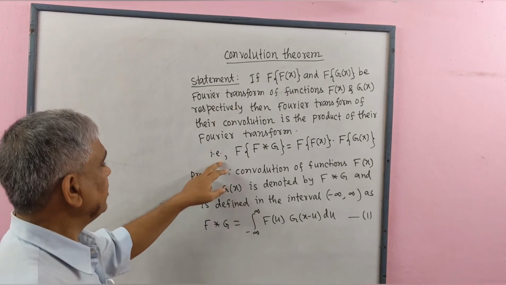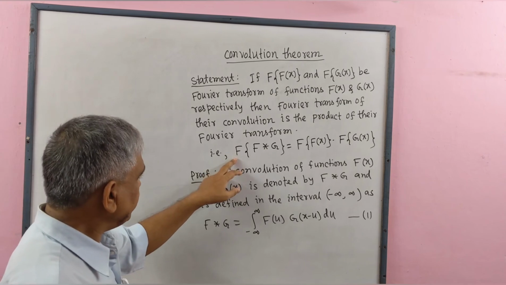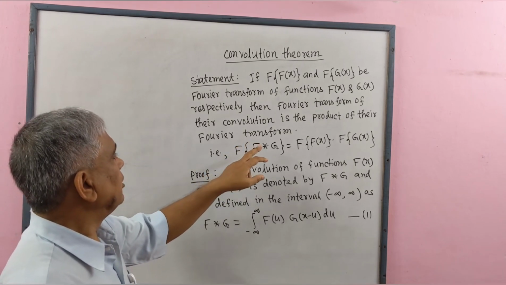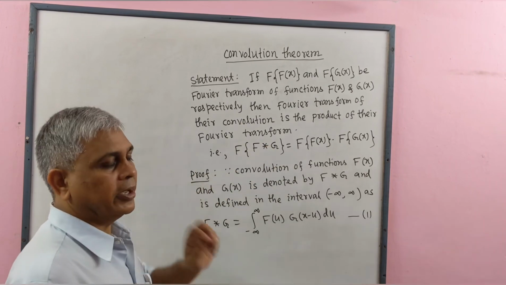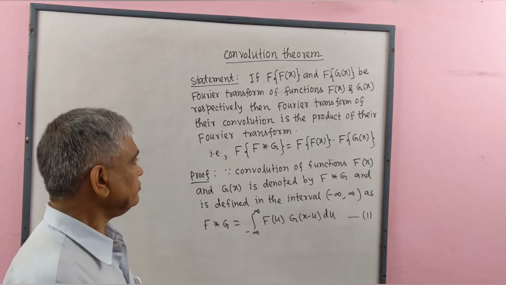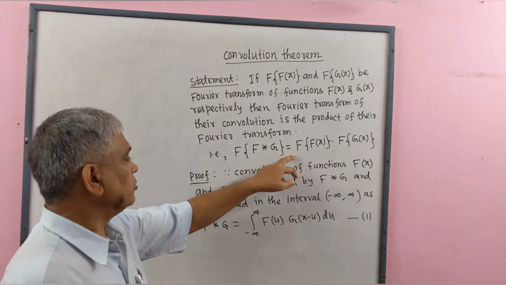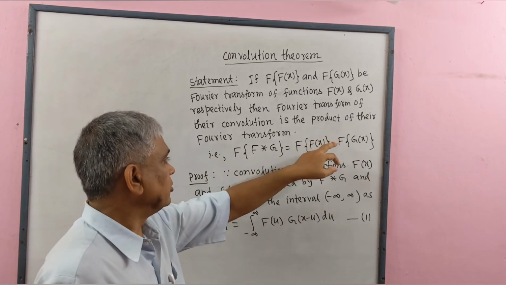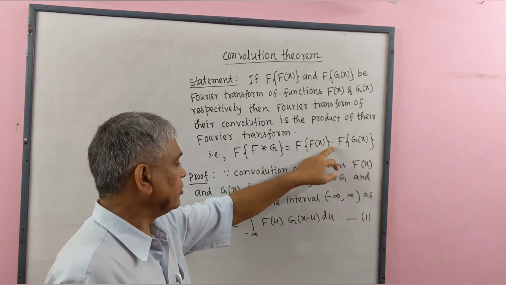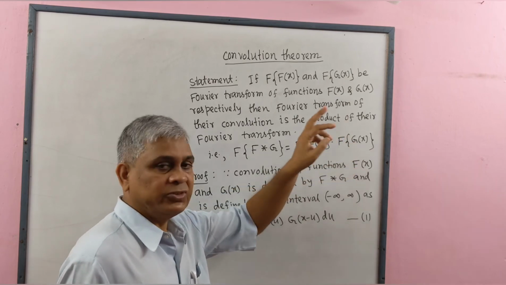We may denote this: the Fourier transformation of the convolution of f(x) and g(x) equals the Fourier transformation of f(x) multiplied by the Fourier transformation of g(x).